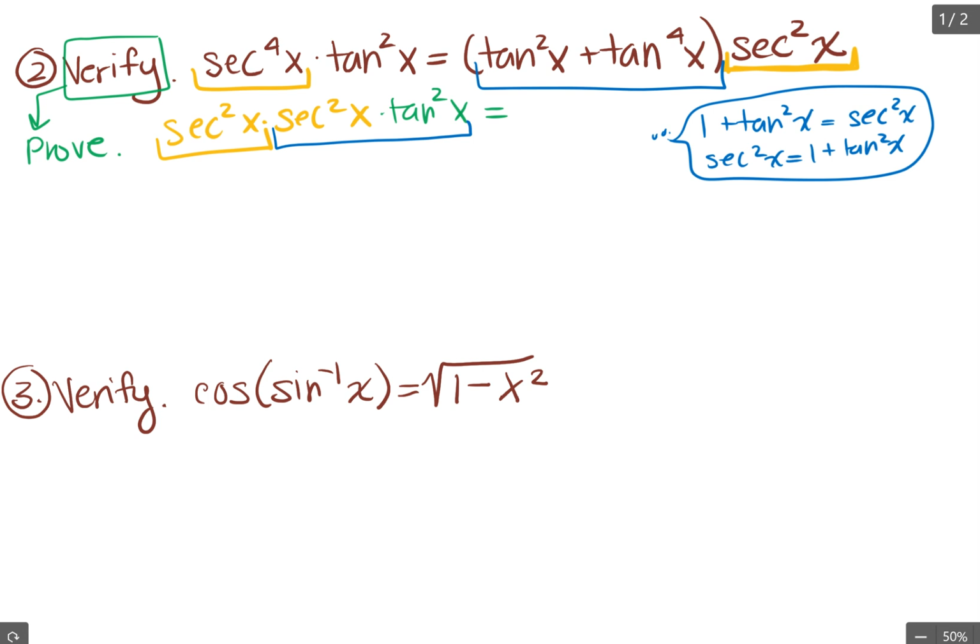So I'm going to go ahead and substitute that. So I have my secant squared of x still. So my first secant squared of x, I'm going to substitute the second piece of it with 1 plus tangent squared. All right. And so now I have 1 plus tangent squared of x, or put that into a parenthesis.